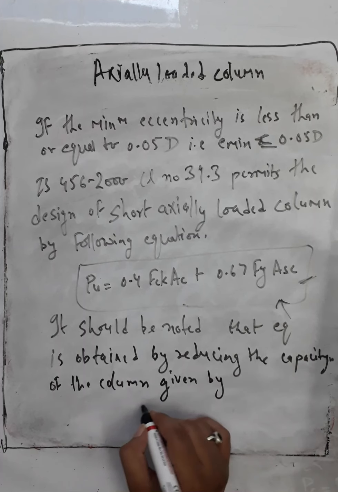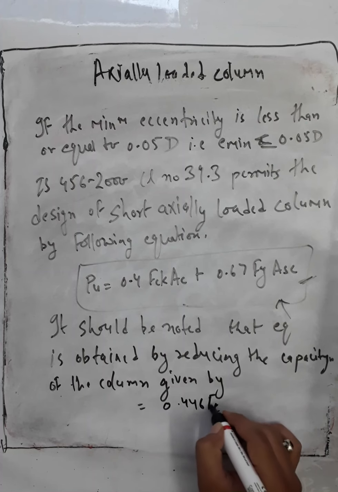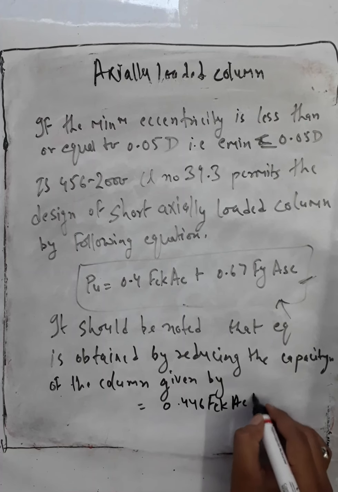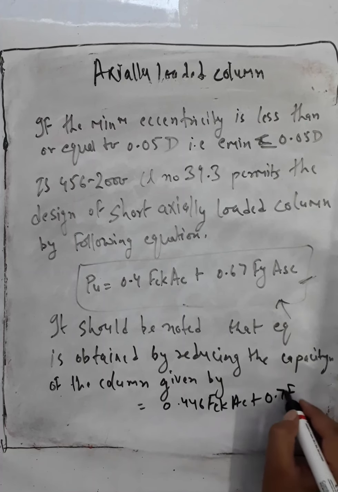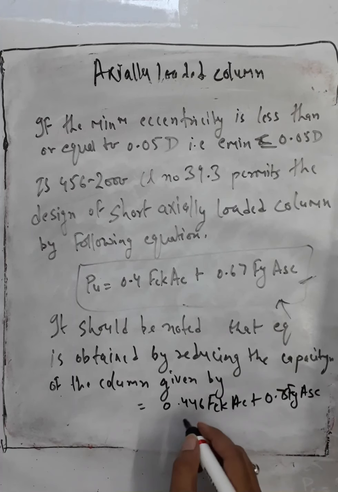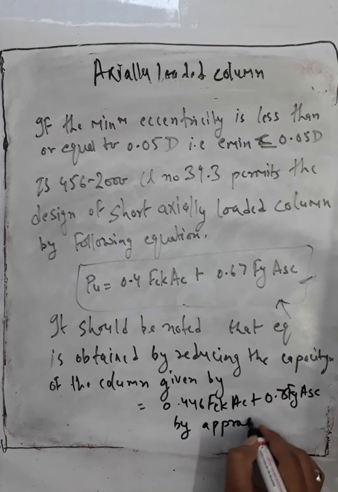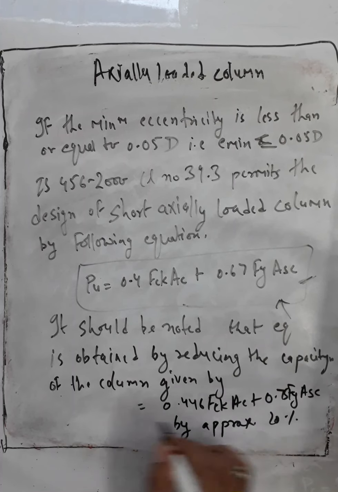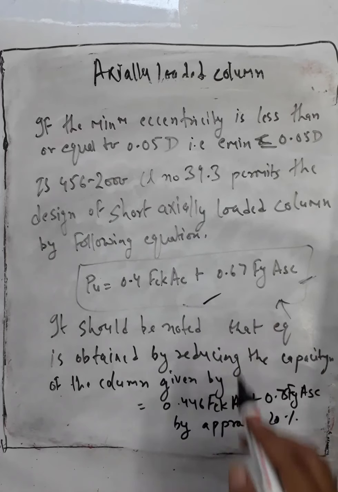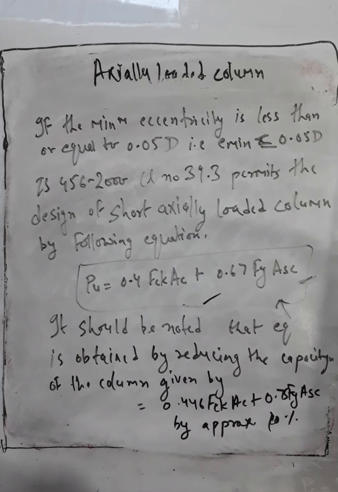Means which equation? 0.446 FCK AC plus 0.7 FY AC. This equation is obtained by reducing that equation by approximately 10%. Okay.